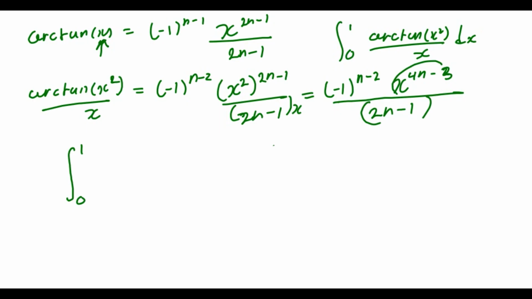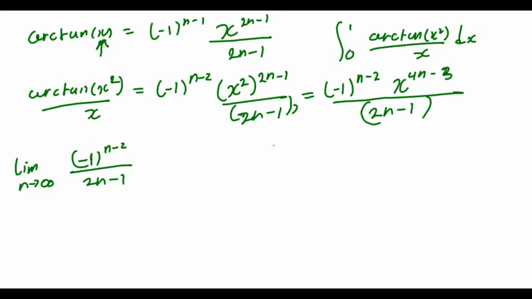From a generalized point of view, you can write this as the limit as n approaches infinity of minus 1 to the power n minus 2 divided by 2n minus 1, then the part that has x, which is multiplied by the integral from 0 to 1 of x to the power 4n minus 3 dx.